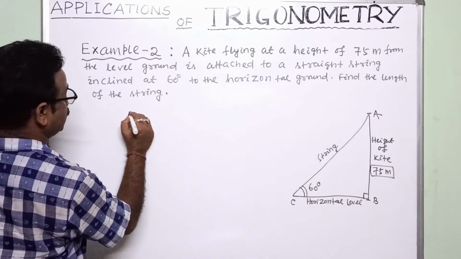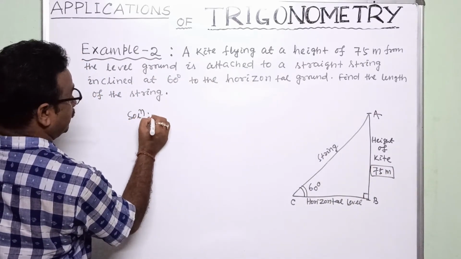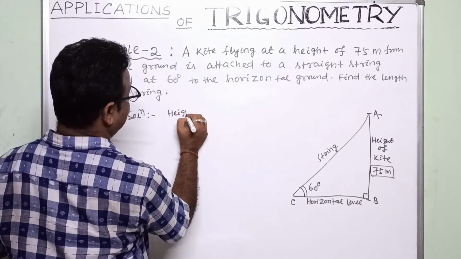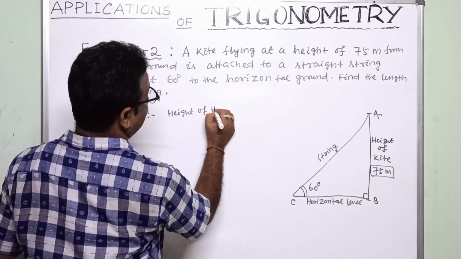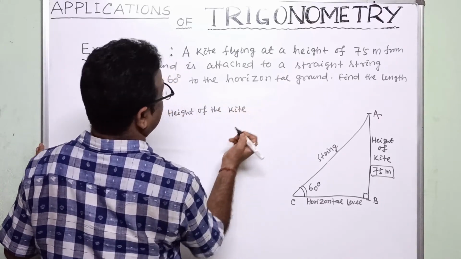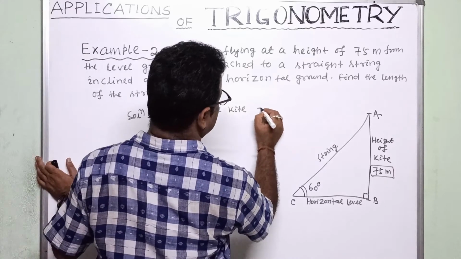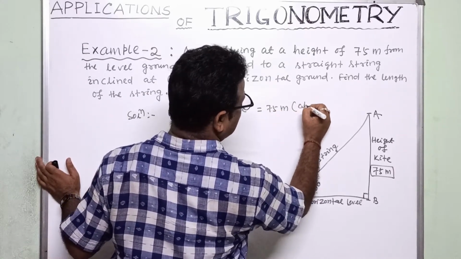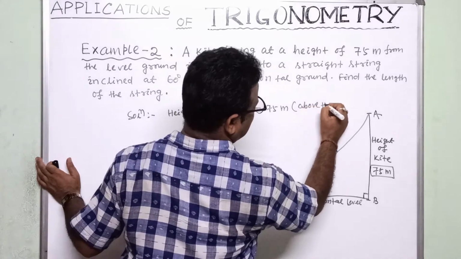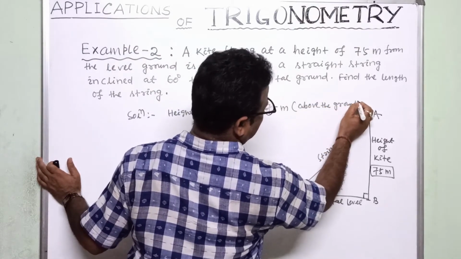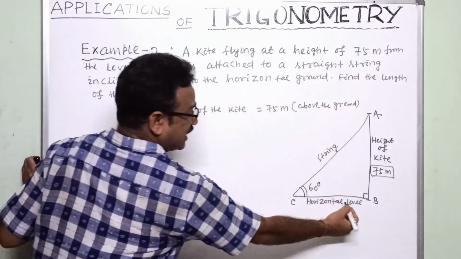So now solution. Here given, the height of the kite is 75 meter above the ground. So elevation is there, the horizontal level is there.